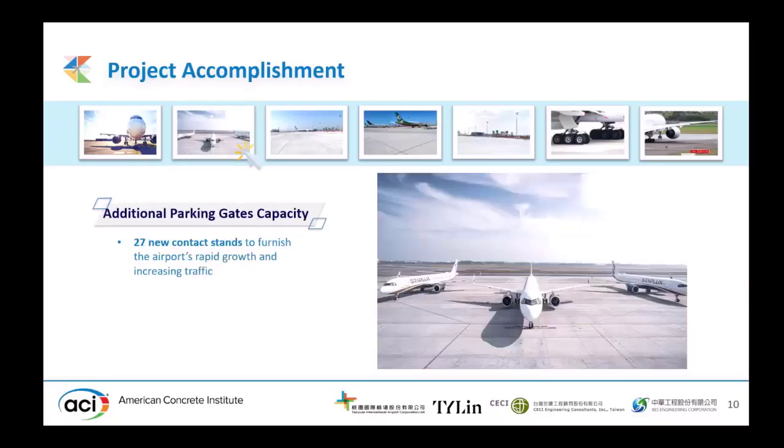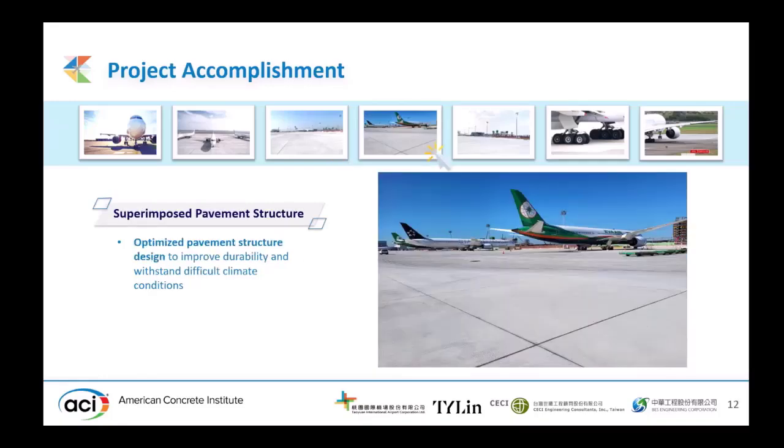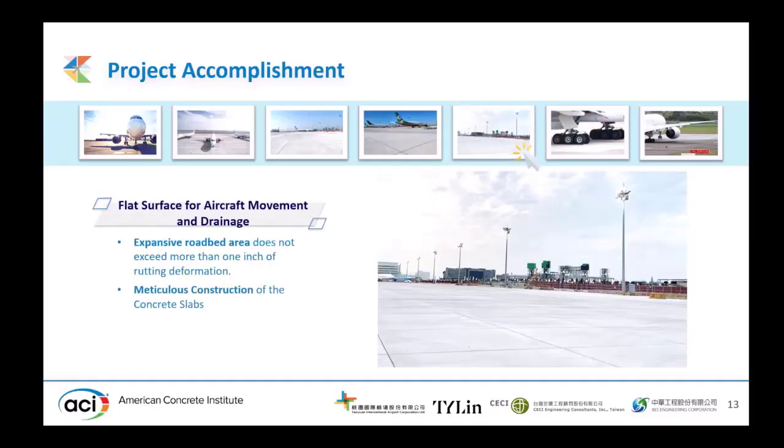And we completed the additional parking gates, 27, to provide more capacity for the growing traffic. 13,000 concrete slabs skillfully joined together without defects, and a superimposed pavement structure to increase the strength and improve the durability. Fire service for aircraft movement and drainage result from the meticulous construction of the slabs.